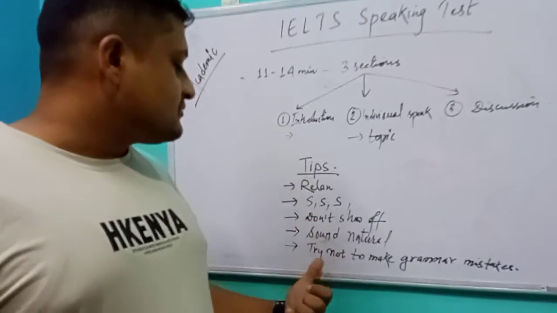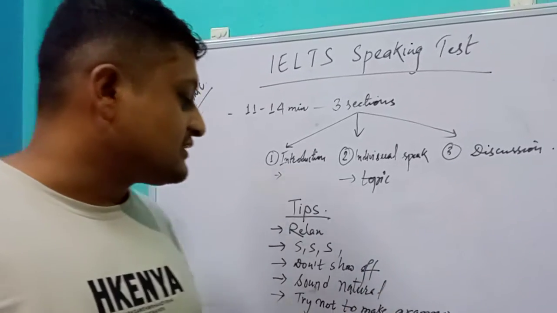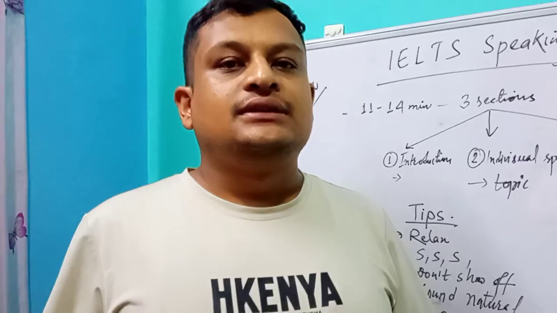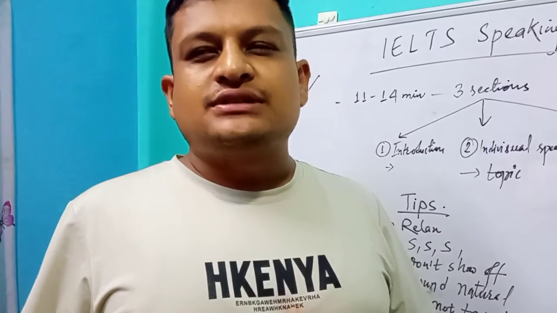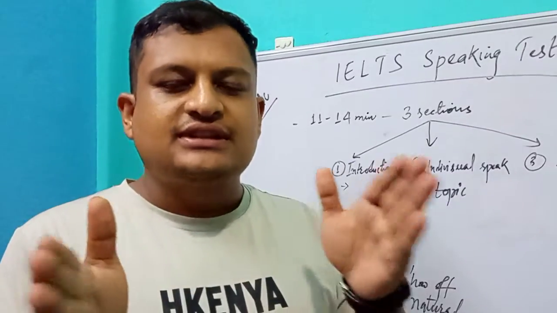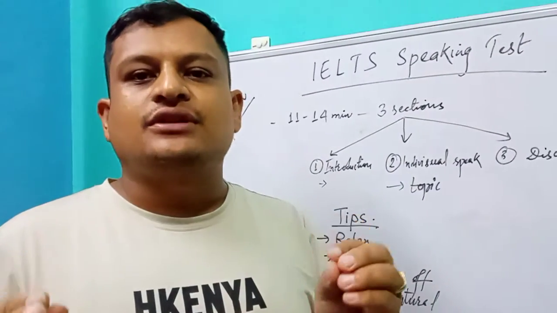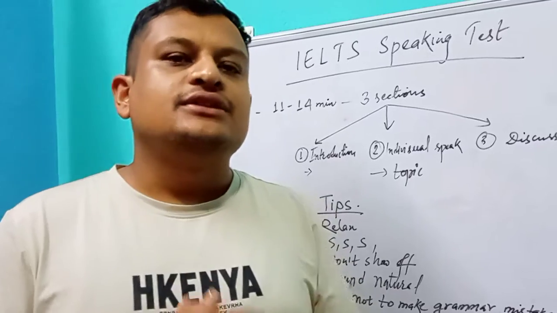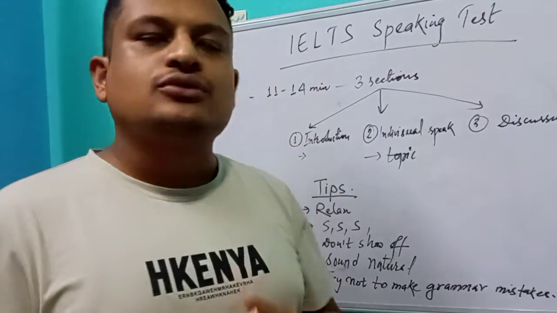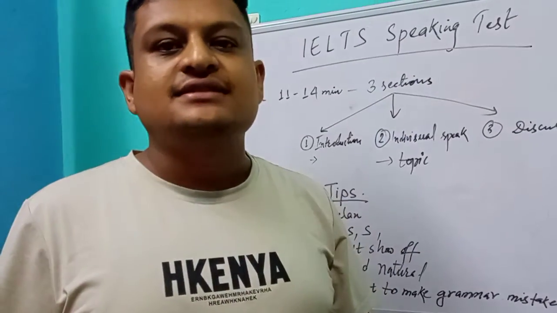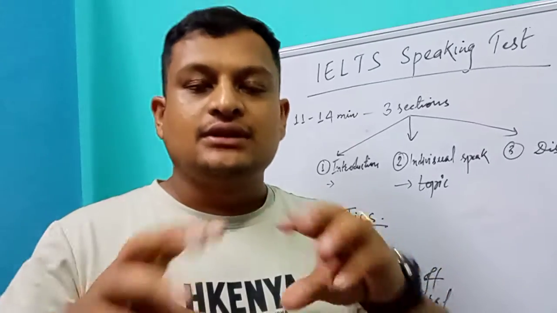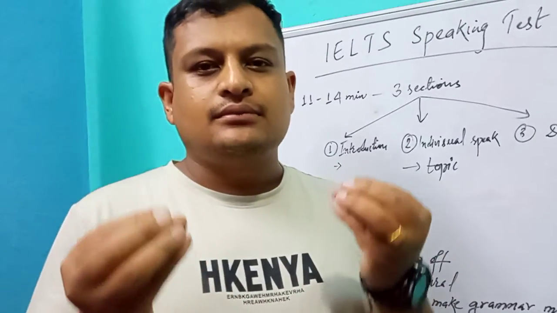So last is try not to make grammatical mistakes. As far as possible, try to use sentences which are grammatically correct. Use a good tense. Sentence structure has to be good. Only then you'll create a very good impression and you'll end up getting a good score in the IELTS speaking test, and thereby become successful to get the overall band better.